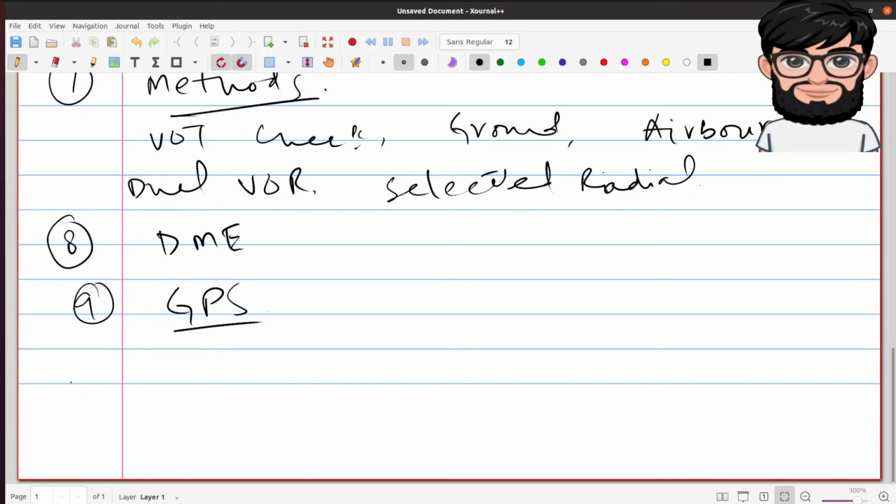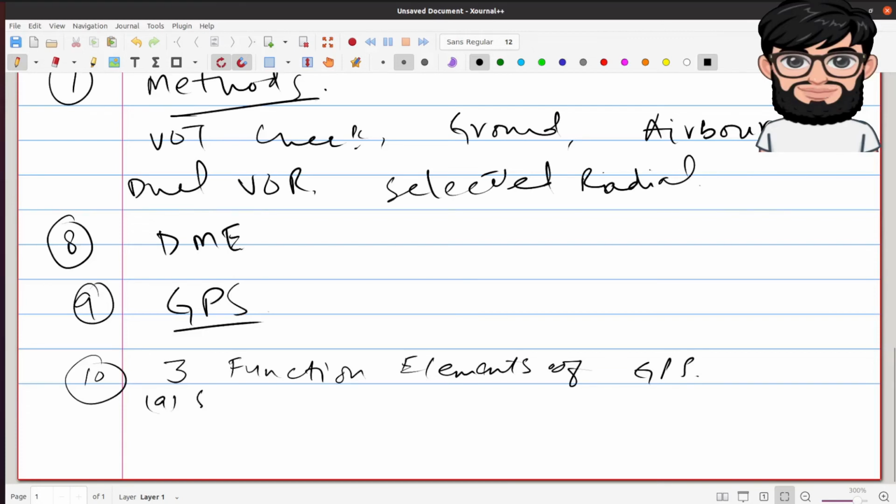And three functional elements of the GPS. One is called the space element, then we have the control element, and then the third one is the user element.